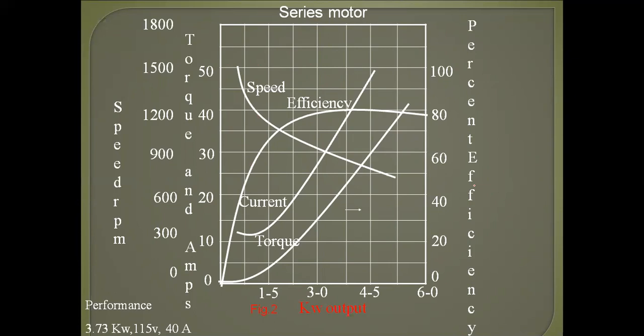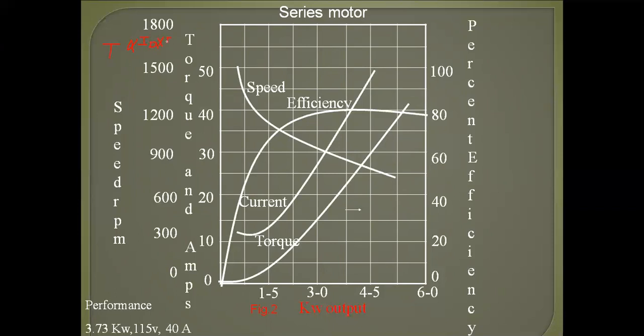Up to the saturation point, flux is proportional to the field current, and in the series motor the armature current and field current are the same. Means before saturation, the flux is proportional to the armature current.